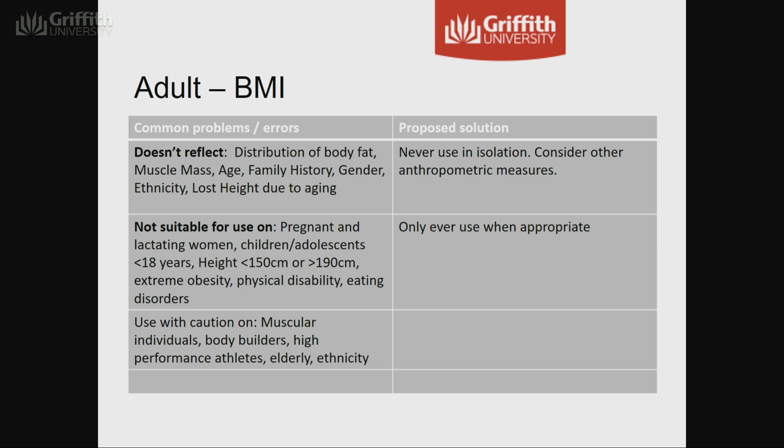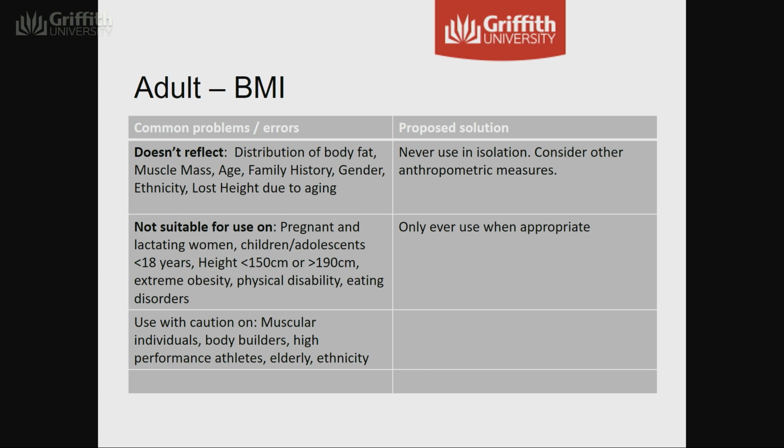or similar. It's not suitable for use on pregnant and lactating women, children and adolescents less than 18 years, although there are BMI child growth charts that you can use. So you wouldn't use the categories as defined in the previous slide on children or adolescents. You would use the BMI growth charts.